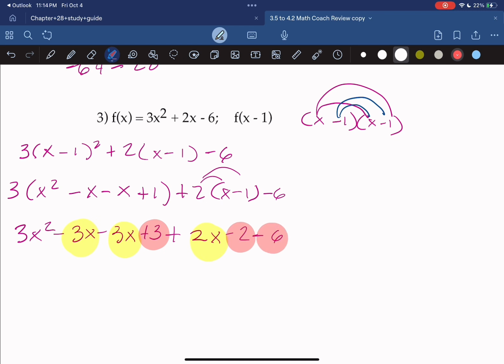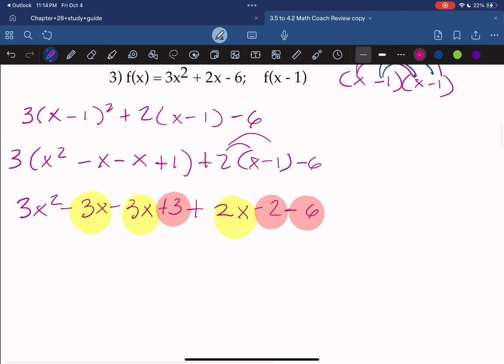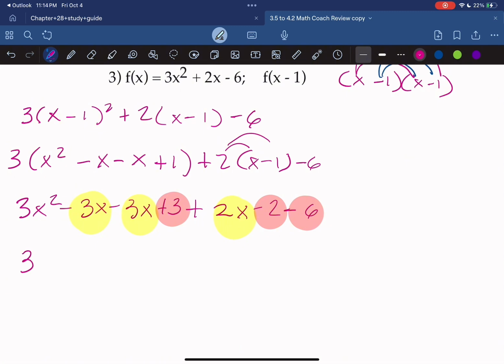And we don't have anything squared that we can combine the 3x squared with, so it's just going to stay as it is. 3x squared. Negative 3 minus negative 3 is going to be negative 6, plus 2 is going to be negative 4x, and then positive 3 minus 2 is going to be 1, minus 6, negative 5. That's our answer.